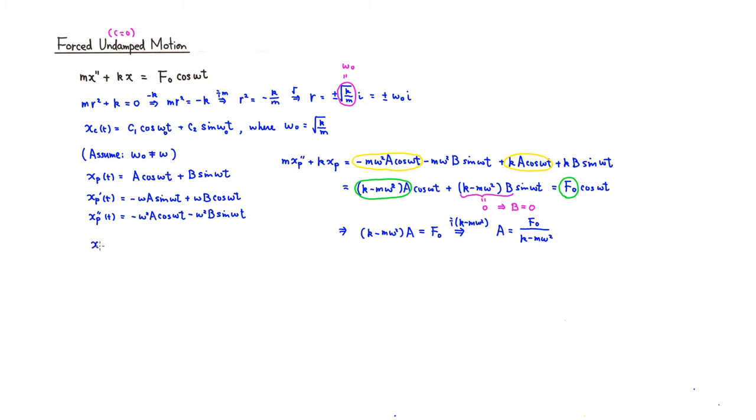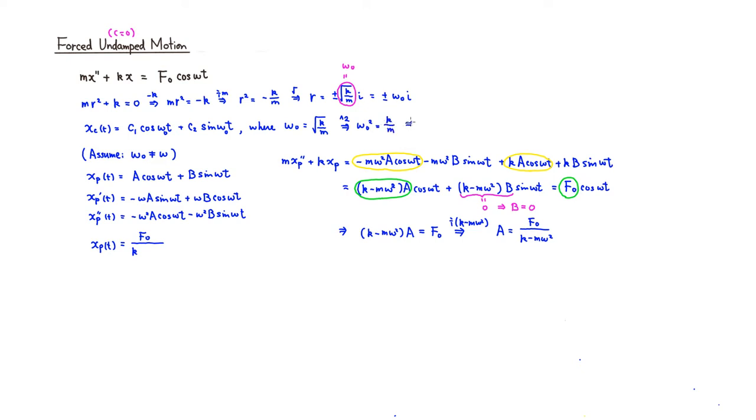So x_p of t is equal to F0 over k minus m omega squared. Actually, I want to do one more thing here. Omega 0 is square root of k over m. So if you square both sides, we have omega 0 squared is equal to k over m.